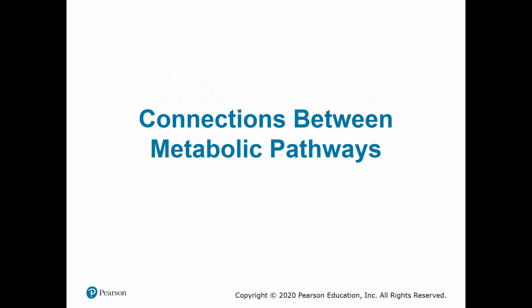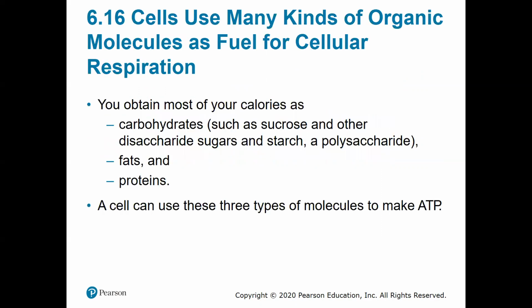So let's talk about some connections between metabolic pathways. Cells use all kinds of organic molecules for fuel. In cellular respiration, you obtain most of your calories from carbohydrates, which are sugars, from fats and proteins.